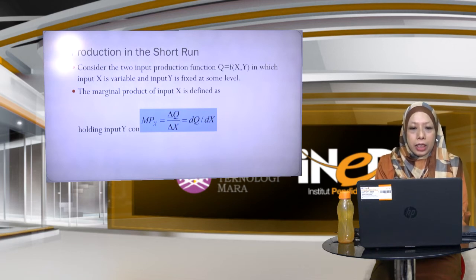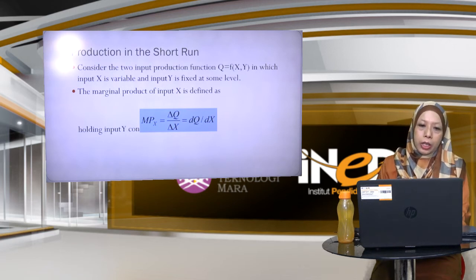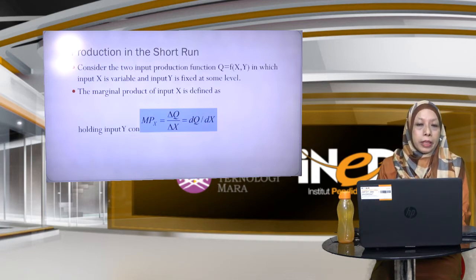Now consider the two inputs. You have a production function which is a function of x and y. Here x is your variable input, and y is your fixed input.